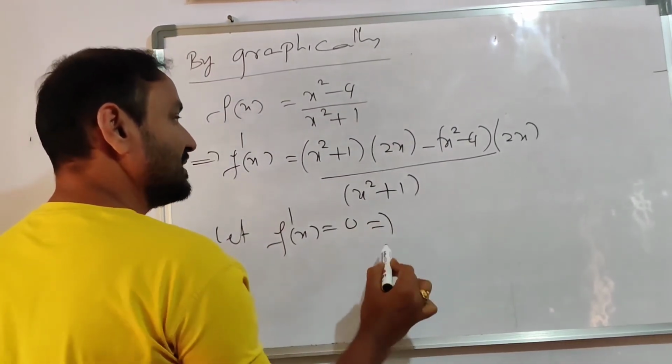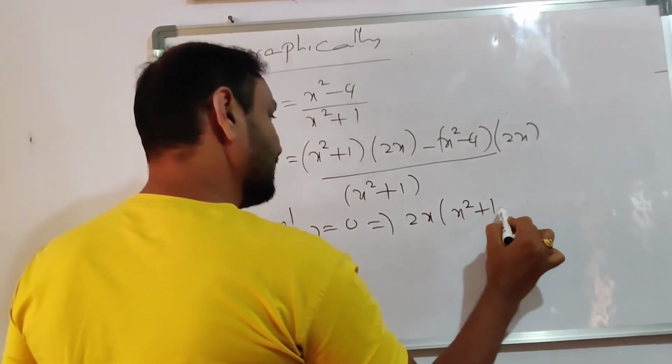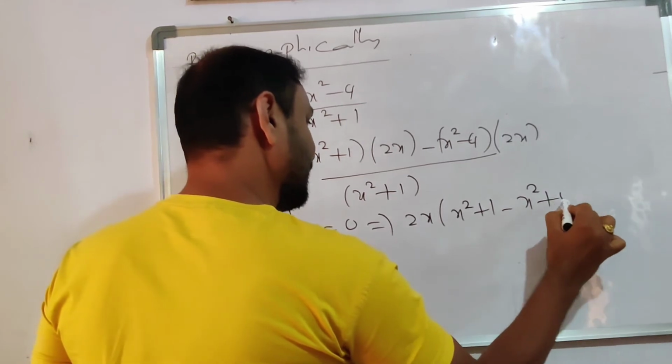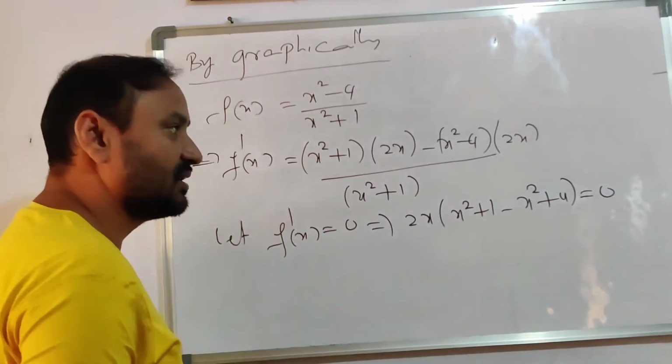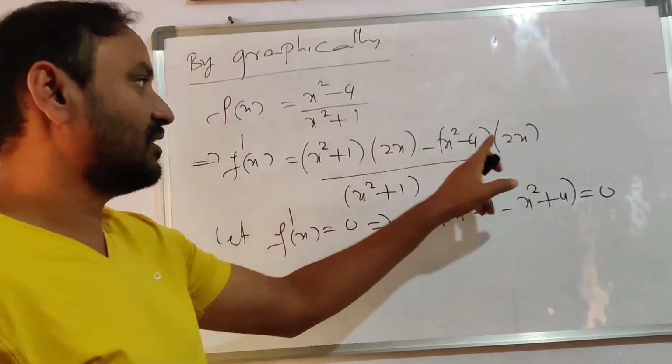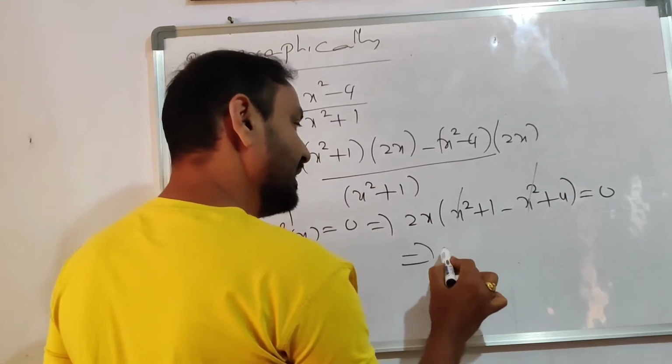That means 2x(x² + 1) − (x² − 4)(2x) = 0. The denominator is nonzero; take 2x common, and we get x = 0.